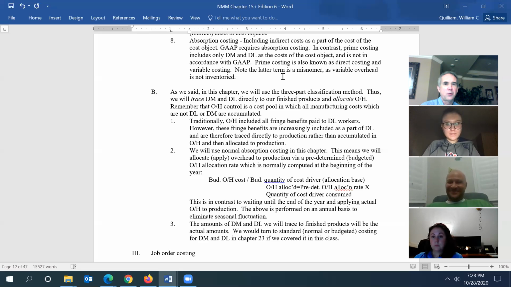Usually 30 to 35%. And things start adding up when we consider that some fringe benefits are mandated, such as the employer's share of FICA for Social Security. It's 7.65%. The employer pays that much and the employee pays that much too. So usually 30 to 35% is a good rule of thumb.